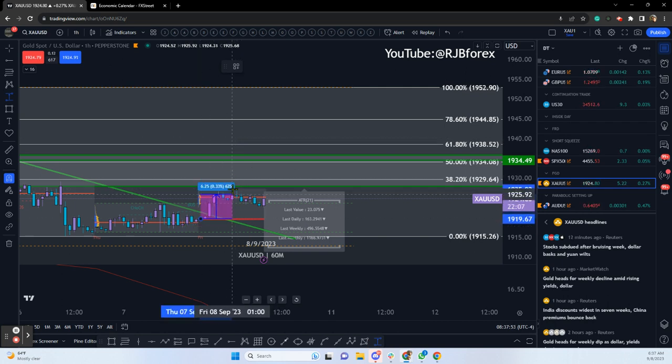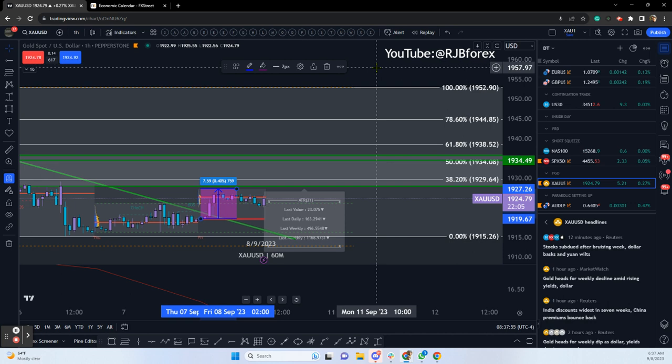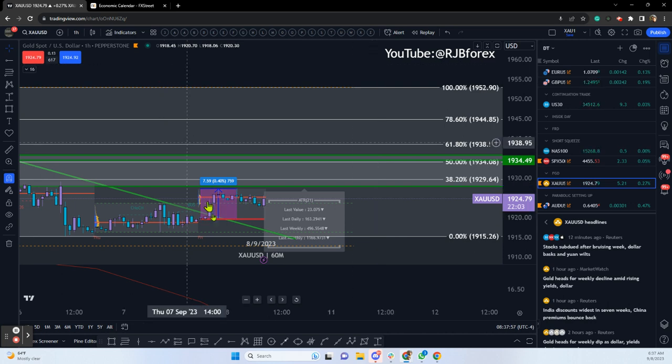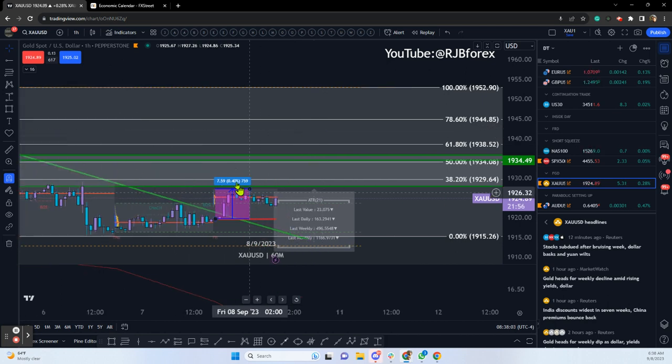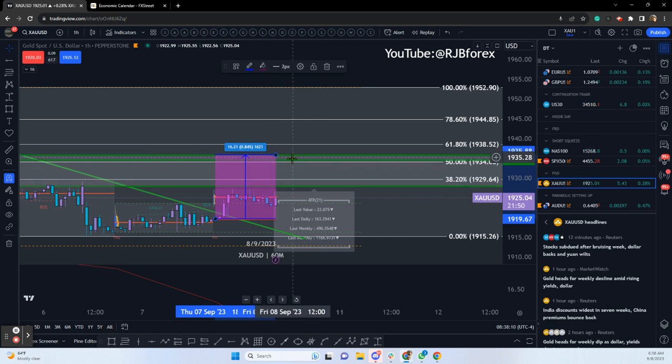And we've only had what? About $8 of range so far. So there's plenty of opportunity to the upside to come up into that golden area, right? So even slightly above the 50% mark.